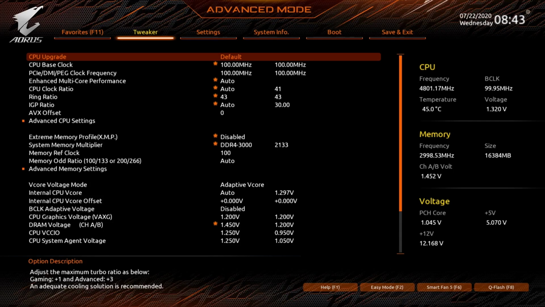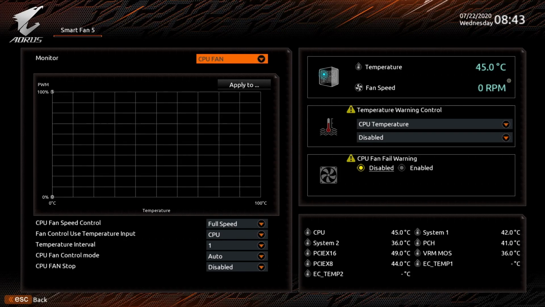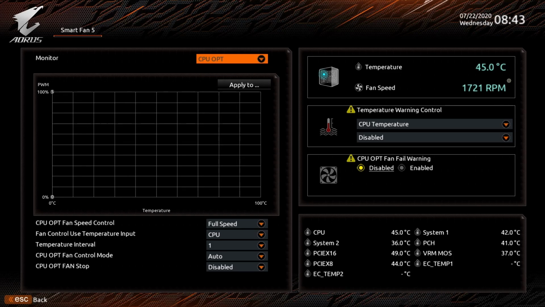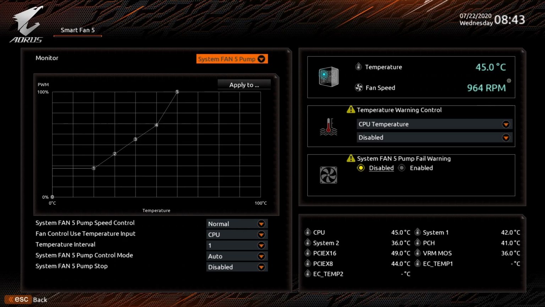Okay, so now that we have all of our software installed, the first thing I like to do is go into the BIOS and make sure that Smart Fan is set up how we need it to be. So for that we go to CPU OPT because that's where our water block is plugged in, and I have that set to full speed because it doesn't really make much of a noise difference.